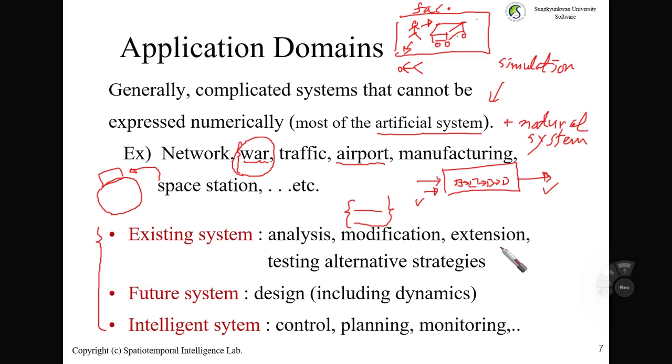And we can extend the existing system to accommodate new demands or test alternative strategies. This is related to mental changes, mental improvement without physically changing or extending the existing system. And also we can apply to future systems, as I explained.